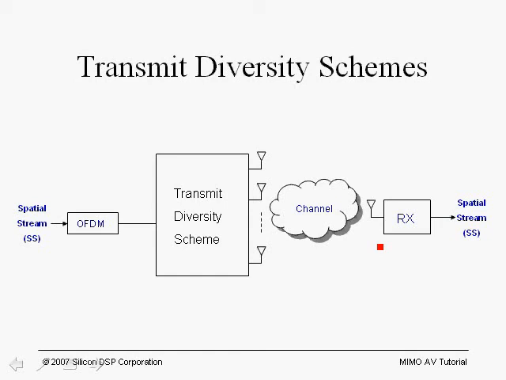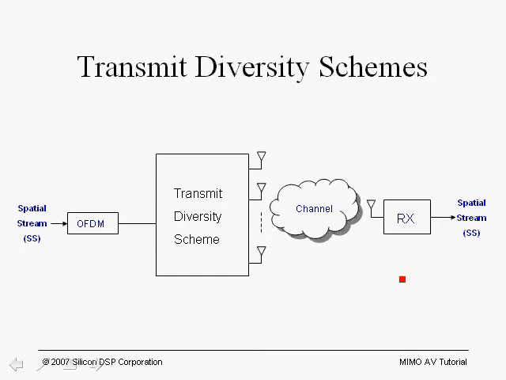For example, with CDD, you can have transmit diversity, and at the receive side you can achieve receive diversity with multiple receive chains using maximal ratio combining, or MRC. And of course, MIMO itself, when you implement a MIMO equalizer, will combine the diversity of both the transmit side and the receive side in an elegant fashion to provide either spatial multiplexing or, where appropriate, as we have seen, diversity.